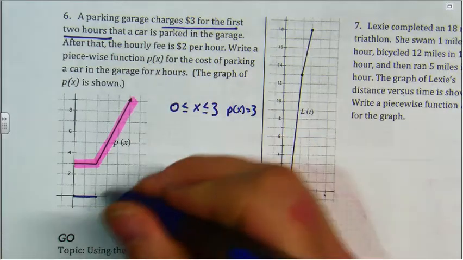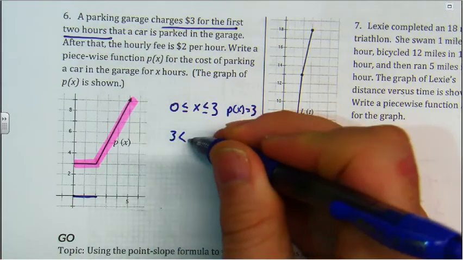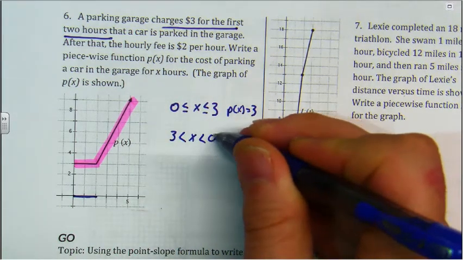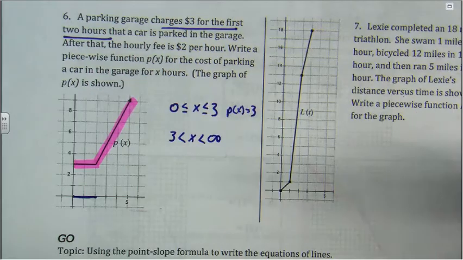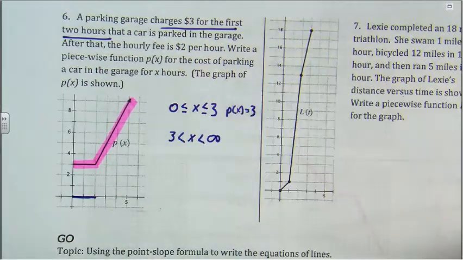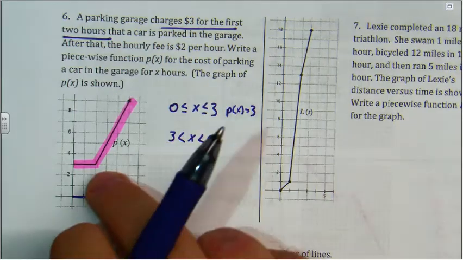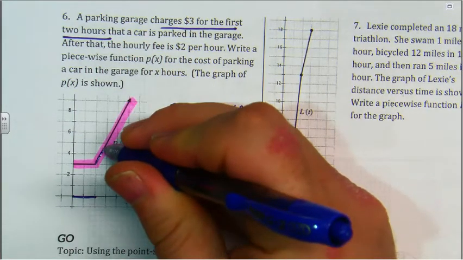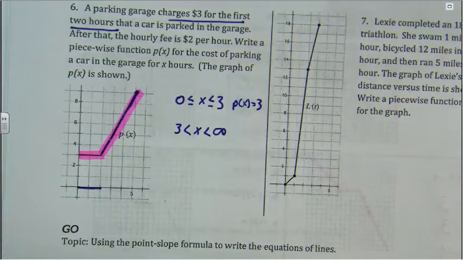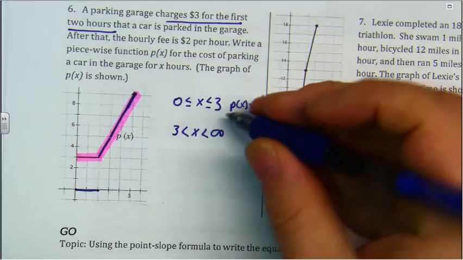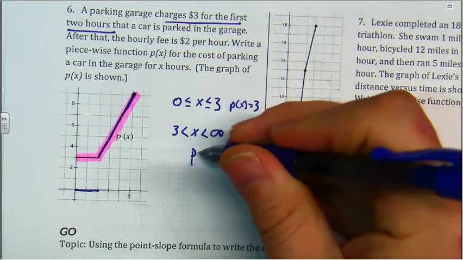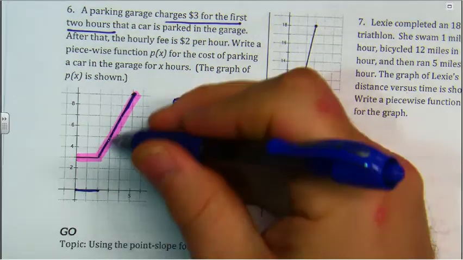But then, as we go from 3 to an infinite number of hours, well, not infinite, but as long as you want to park your car, we see that we have this behavior instead. So when we're looking at this behavior, we're going to have to figure out what exactly is our slope, what is our linear equation here. So from this edge, it's going to be p of x equals what? Well, this is a line.